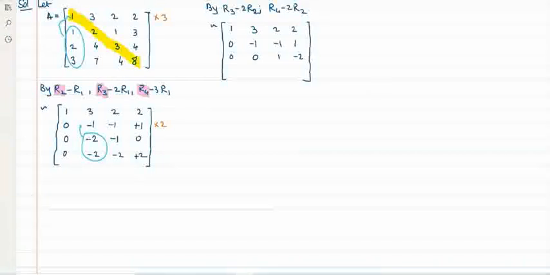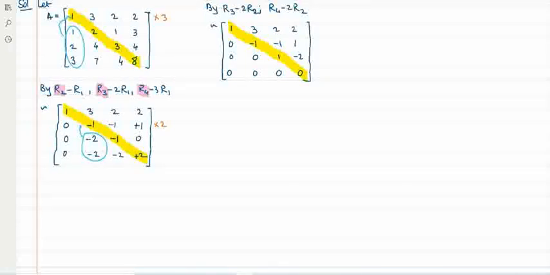Suppose if you are applying R4 minus R1, then definitely this is 0, this is 0, minus 2 and minus 2. 2 and 2, their subtraction. Now in this case, this is your diagonal entry. Can anyone suggest what will be the next calculation?